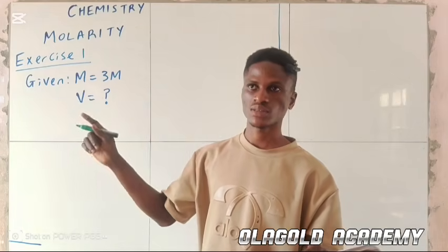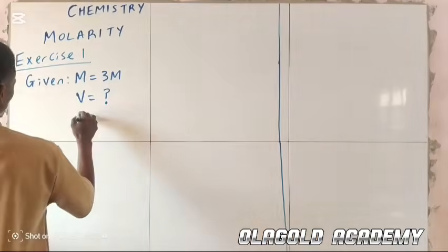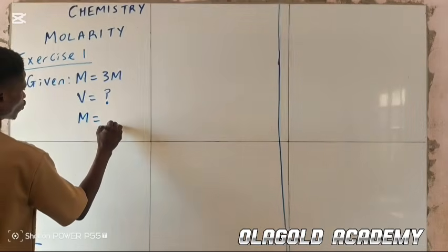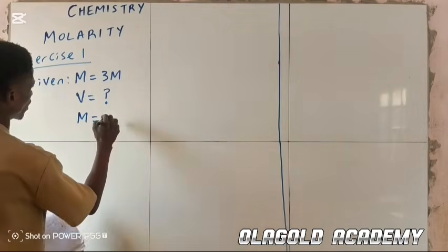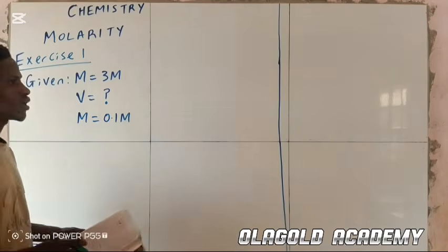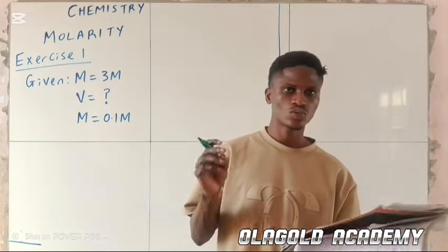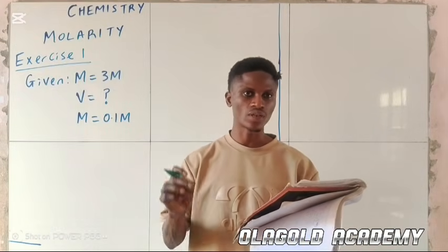As you can see, molarity appears again, so we have molarity equal to 0.1 molar, when diluted to 250 milliliters.